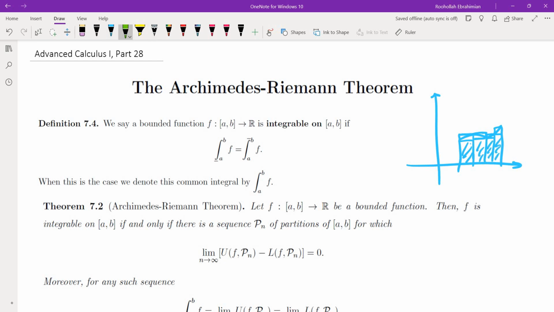If the lower sums and upper sums are close to each other, then the function would be integrable, and vice versa. And the integral is the limit of the upper sums or the limit of the lower sums. So that's what it tells us.